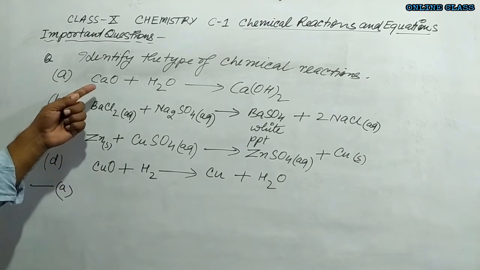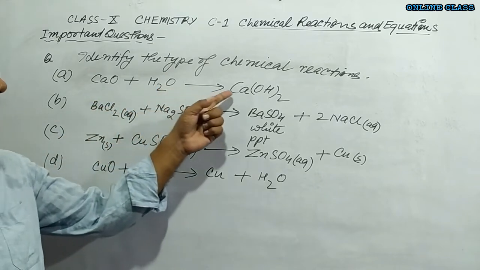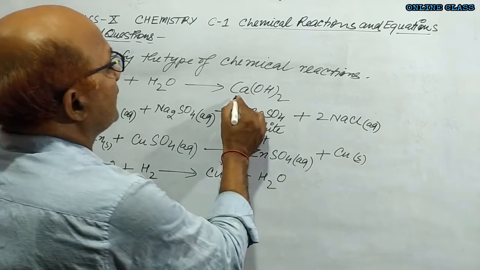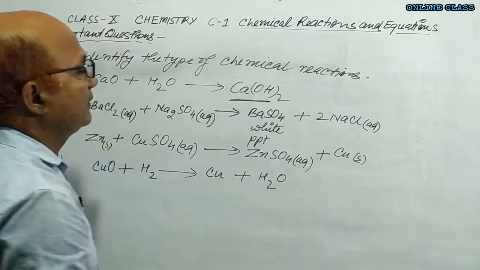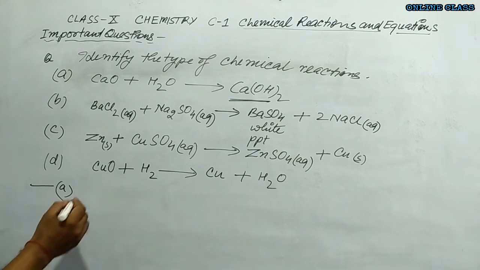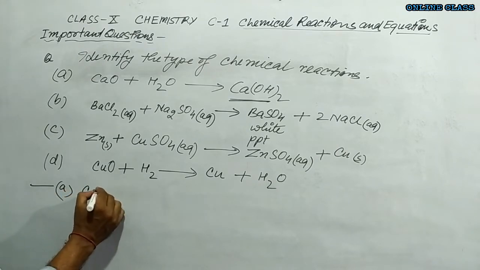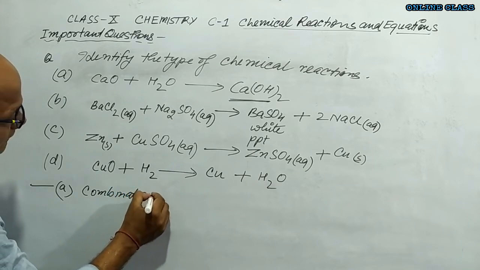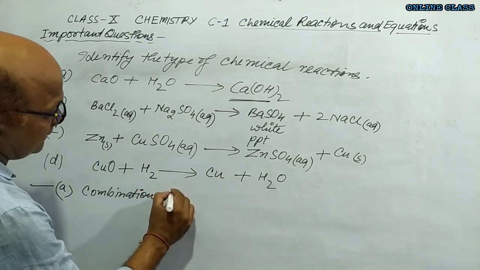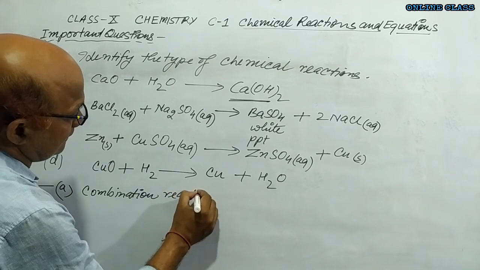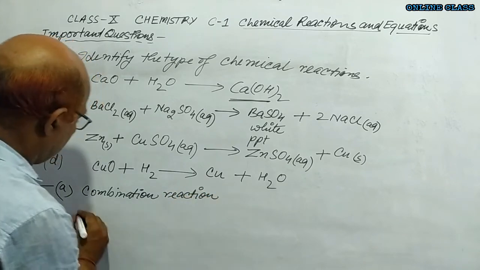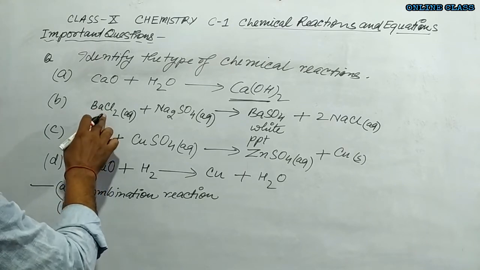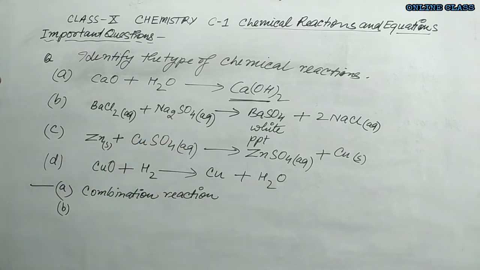Now see, first one is CaO plus H2O. This is Ca(OH)2. You can see in this reaction a single product is formed. So this is a combination reaction. Second part, barium chloride and sodium sulfate solutions are mixed.